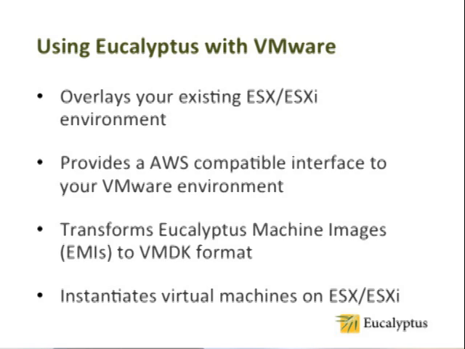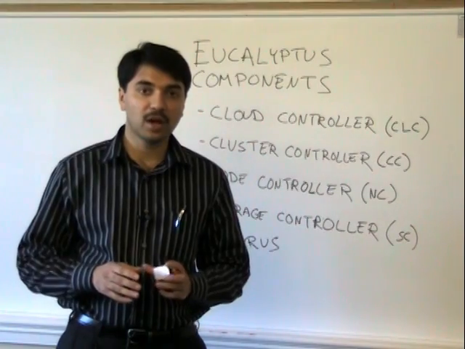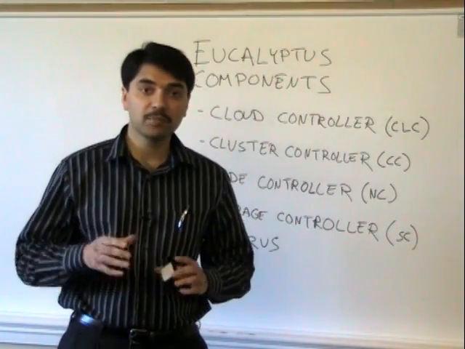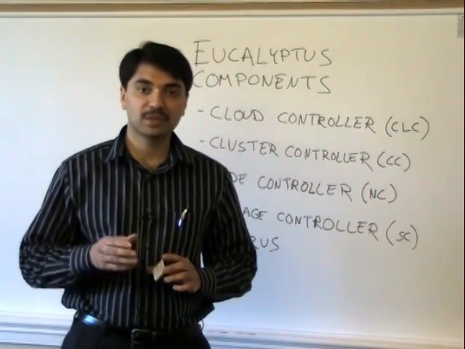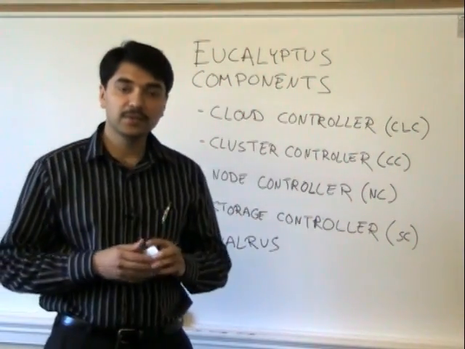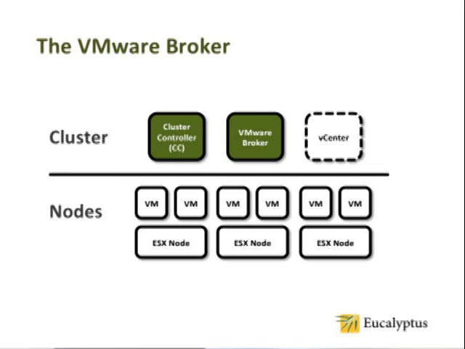In the case of the integration of Eucalyptus with VMware-based hypervisors, Eucalyptus does not run any component on your ESX or ESXi machines. On the other hand, we have a component called the VMware Broker that runs alongside the cluster controller. The VMware Broker is responsible for communicating with the ESX or ESXi machines, and we typically use the vSphere API to manage the ESX machines.